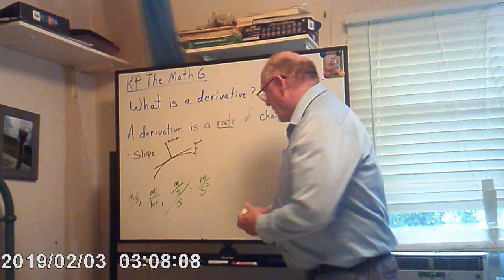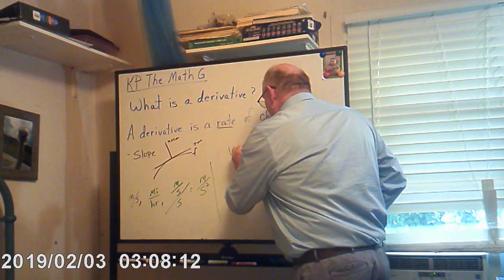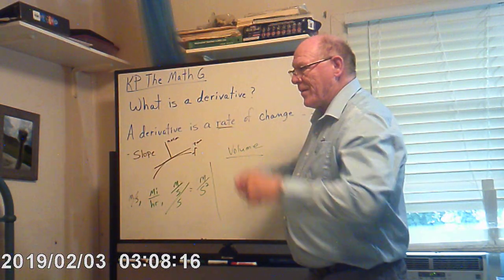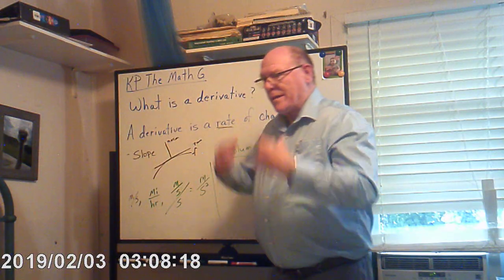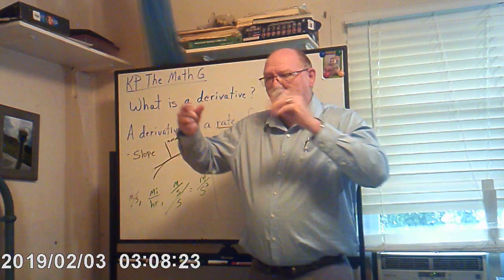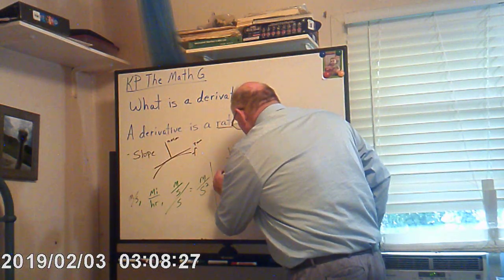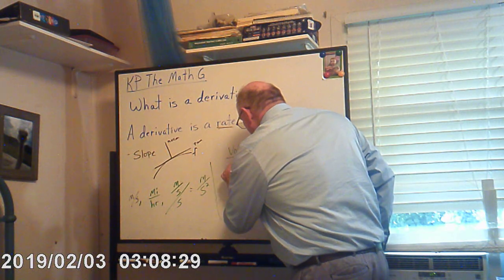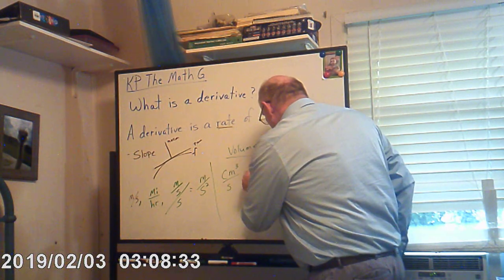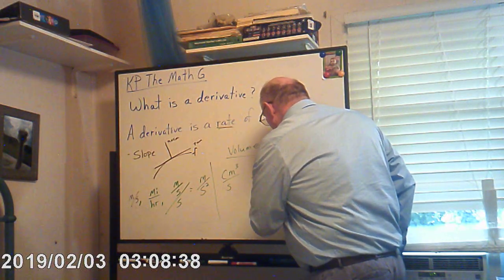Also, if you want to look at volume, if you see something about the volume of something is increasing or decreasing, the volume of a sphere, the volume of a cone, a lot of times you're going to see cubic centimeters per second, or maybe cubic meters per minute, something like that.